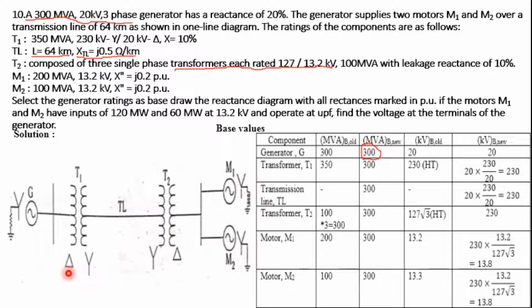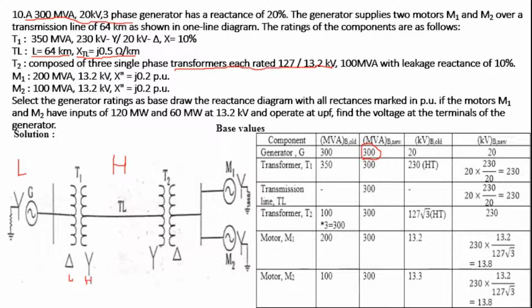I want to calculate the voltage on the transmission line, because for generator G1 we already know it. This is the LT rating of the transformer, and this is the HT rating of the transformer.